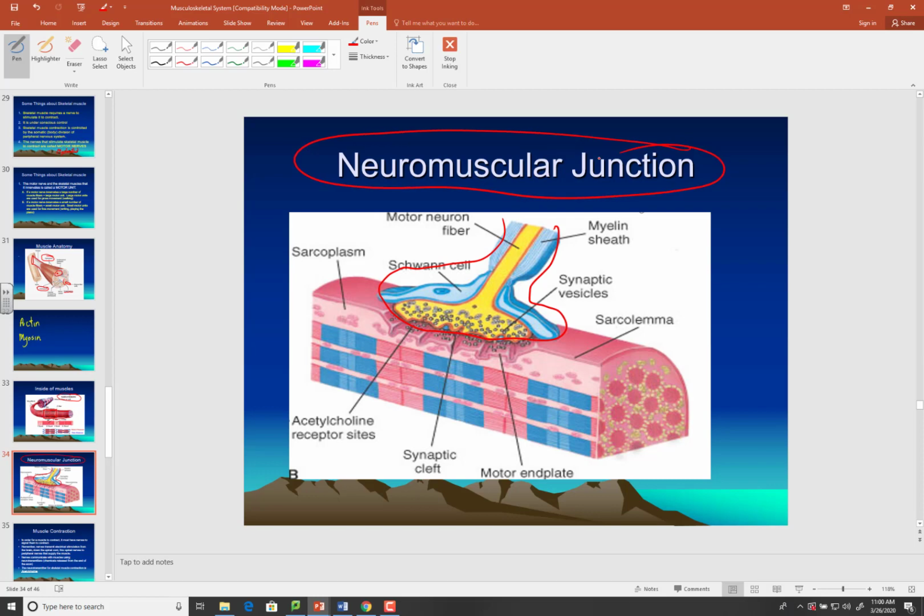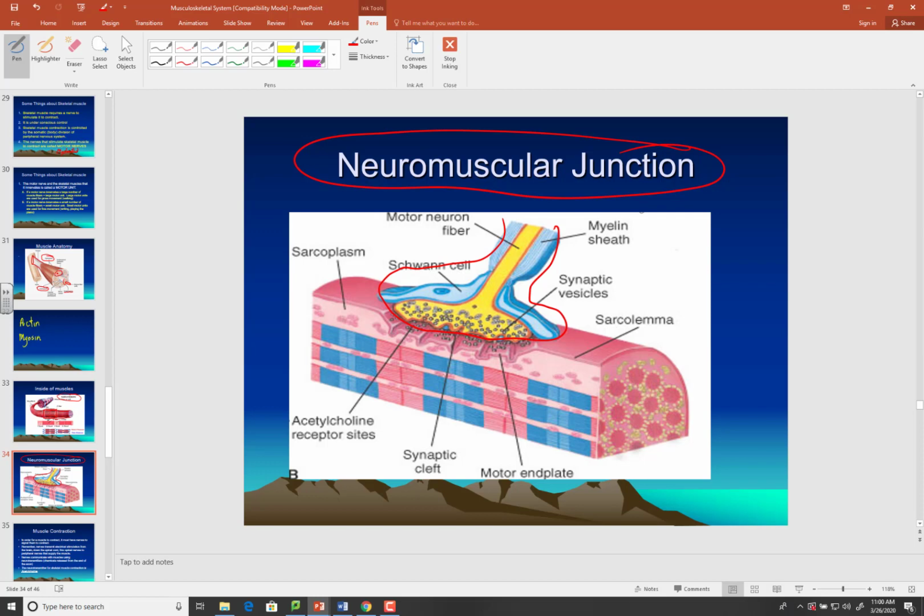Now remember, when we talked about the nervous system, nerves and other nerves don't directly touch, and nerves that stimulate cells don't directly touch. They form a synapse. And in order for this motor nerve to stimulate the skeletal muscle to contract, it has to release a neurotransmitter, that protein we talked about in the nervous system.